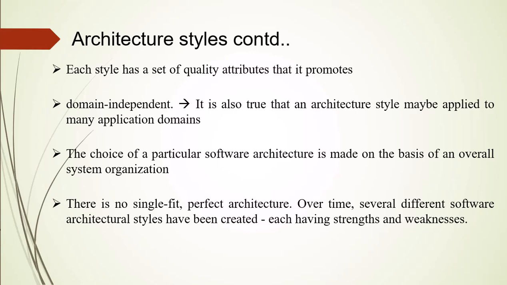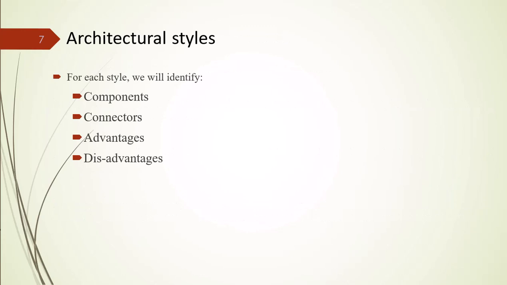One more thing you should remember is that we can design software in more than one architecture pattern. For example, an interaction oriented architecture pattern is selected, and for data flow we select a particular style, and then we can combine more than one pattern. For each style we will identify the components, connectors, advantages and disadvantages.